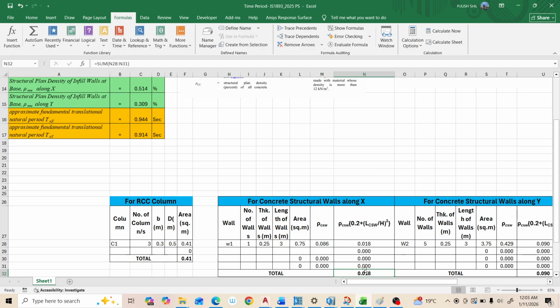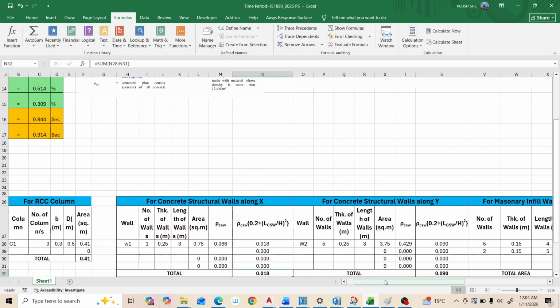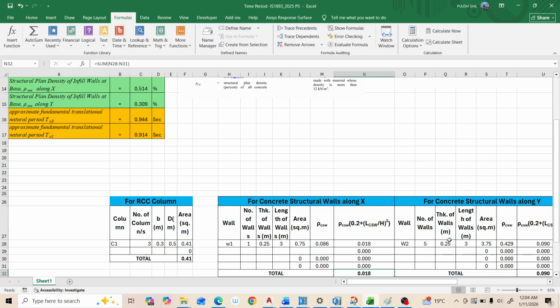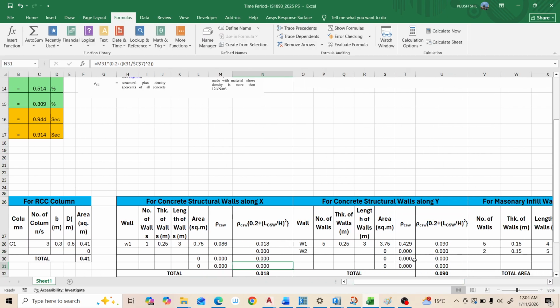That area part I can calculate first, and the wall density: if you know the length of the CSW, length of the wall, you can put it, and height, 30 meter. Based on that, we can calculate this ratio. And after that, similarly we can calculate for y direction also. For y direction, suppose I can write W1 and W2, different walls, another wall is like 0.200 wall thickness.